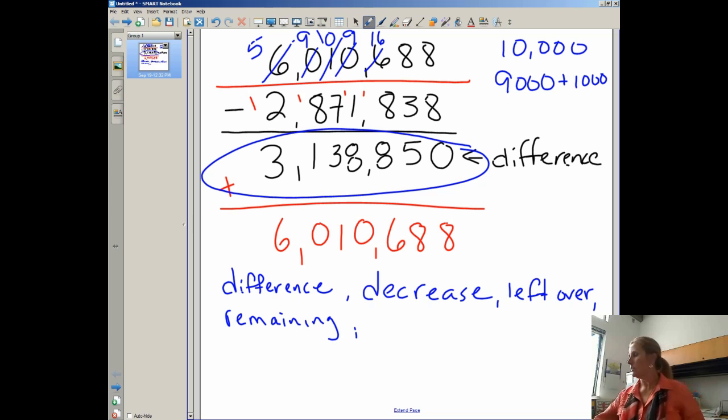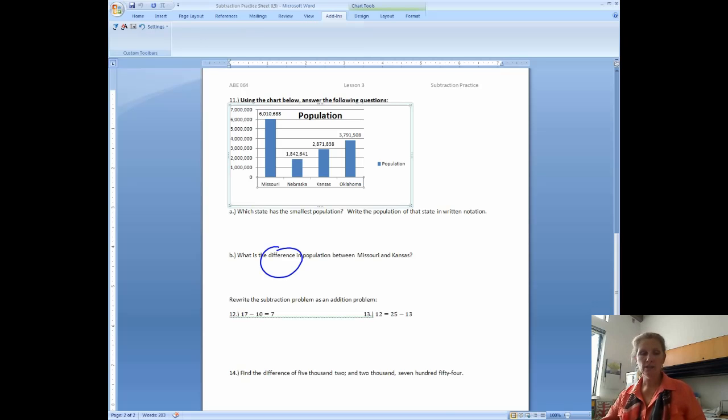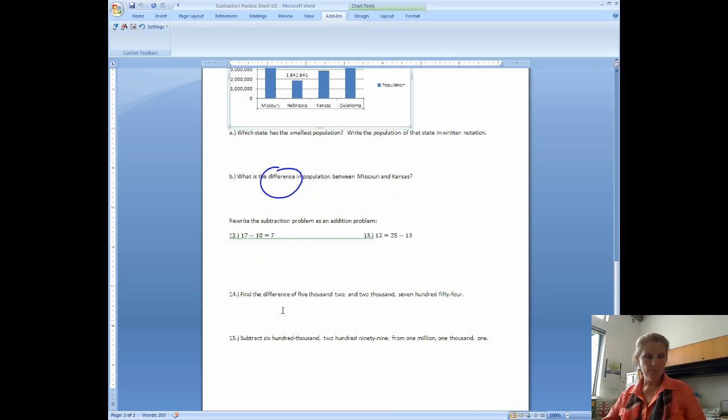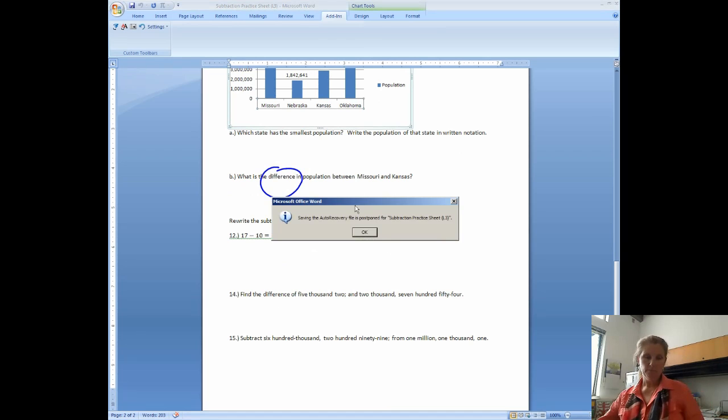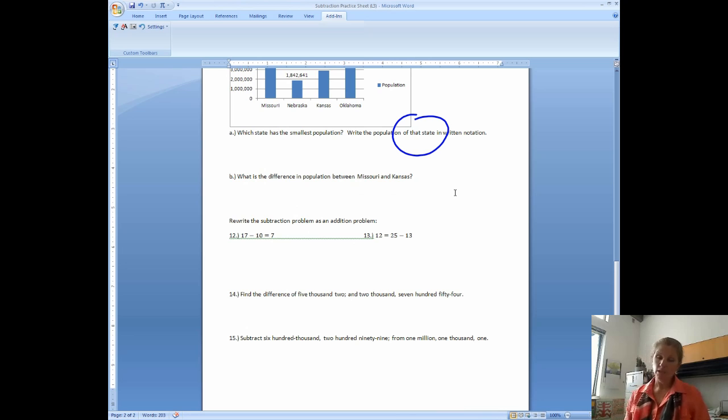Okay, let's do the last two problems on your practice sheet, and then we'll end for the day. So the practice sheet has a couple of problems that are asking you to find the difference, find the difference of 5,002 and 2,754.